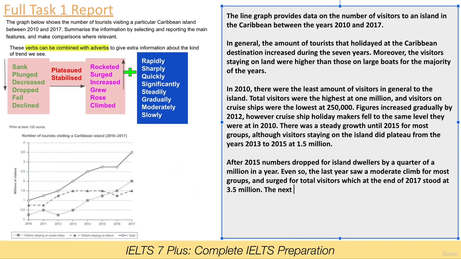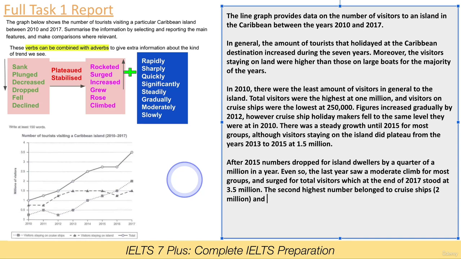The next, or the second highest figure, belonged to cruise ships. I like a bracket, so we can say cruise ships, 2 million.